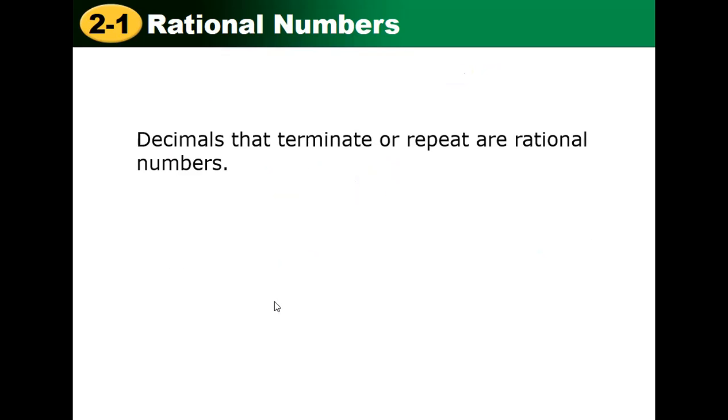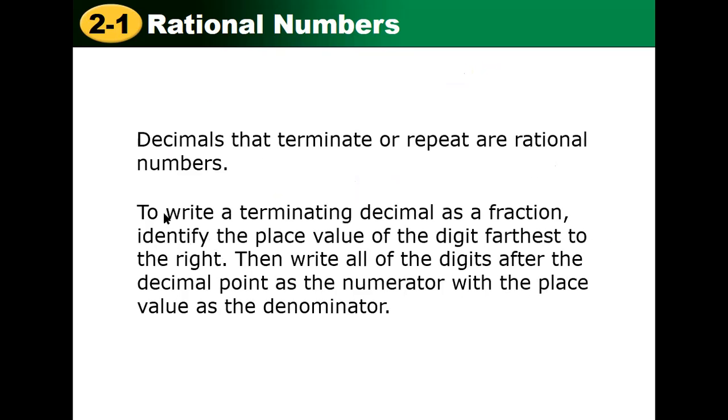Now we have another type of decimals which we can write in the form of rational numbers. Decimals that terminate or repeat are rational numbers. Then, to write a terminating decimal as a fraction, identify the place value of the digit farthest to the right.